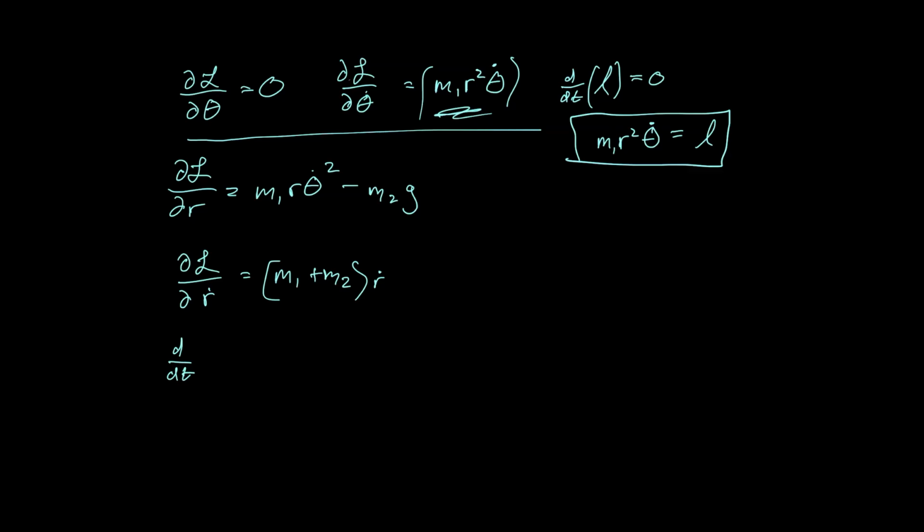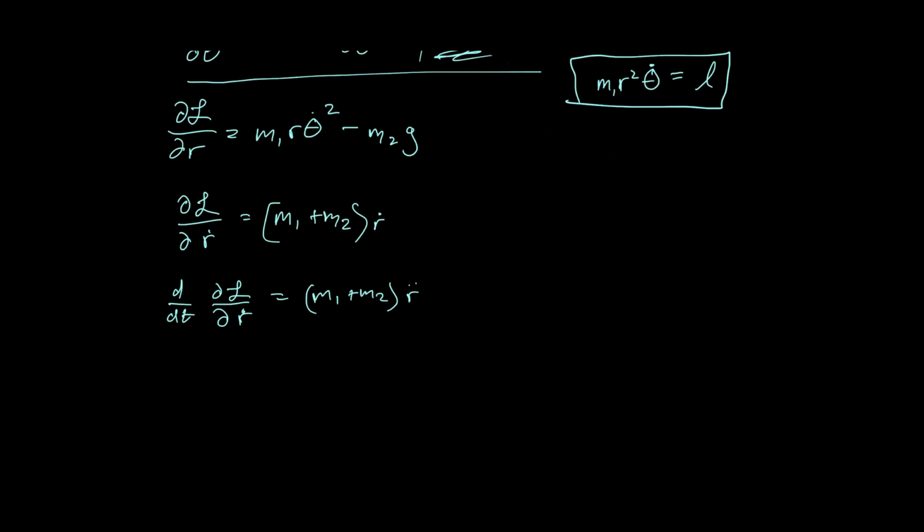And then d over dt of this is just (m1 plus m2) r double dot. Beautiful. And so we get this equation: (m1 plus m2) r double dot minus m1 r theta dot squared minus m2g equals 0.